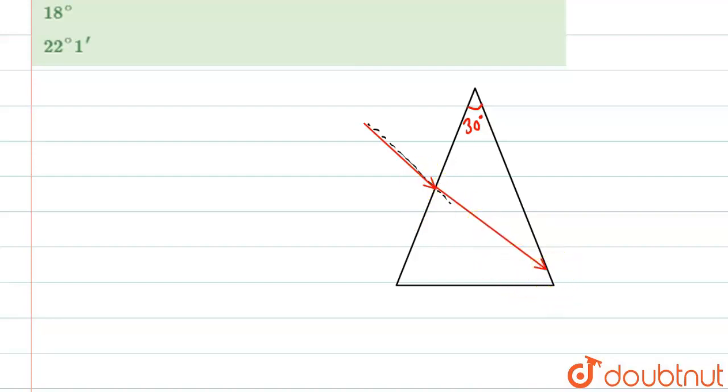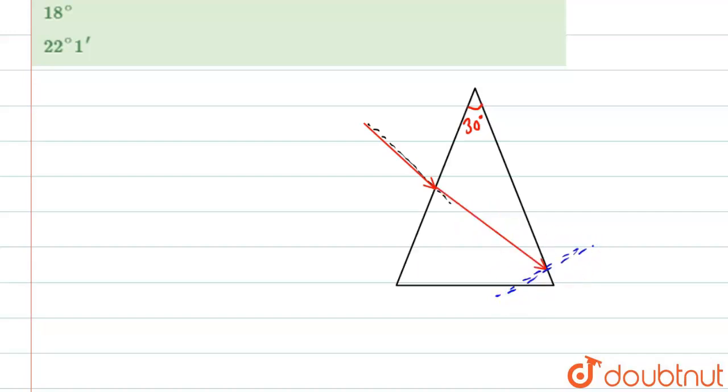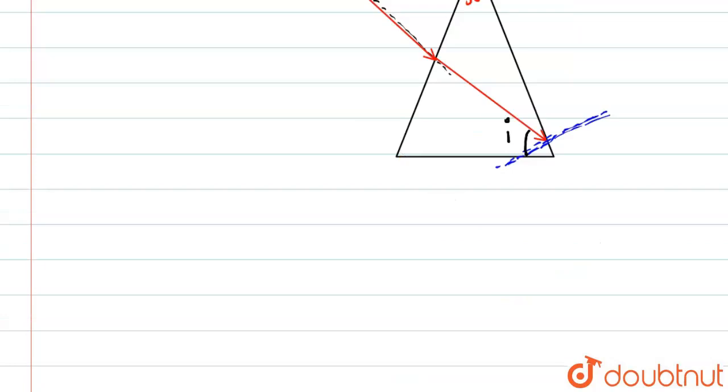But over here the perpendicular changes. This is the new perpendicular. If you see this surface, the new perpendicular is basically this. Now there is an angle of incidence I. Since the ray is going from a denser medium to a rarer medium, it will move away from the normal, so the emergent ray will come out somewhat like this.